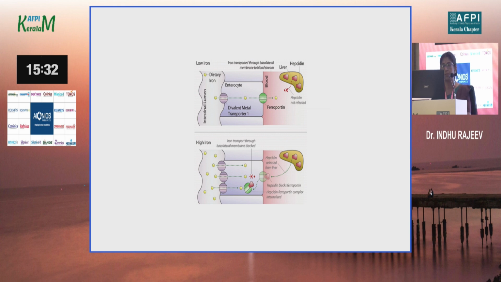It's the hepcidin pathway. Whenever there's a high iron level or an inflammatory condition, hepcidin is released, and it forms a complex with the ferroportin, blocking it. The complex enters the cell, is internalized, and is destroyed by the macrophages. In that way, the iron levels are kept normal.